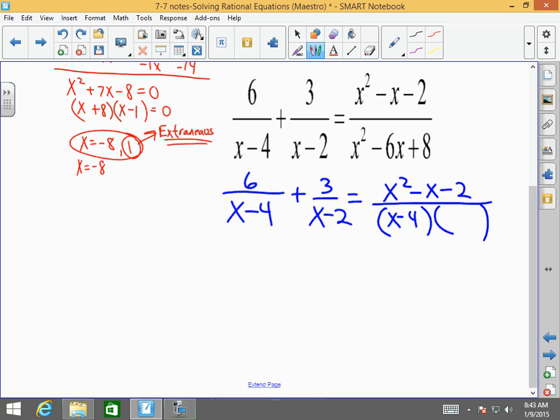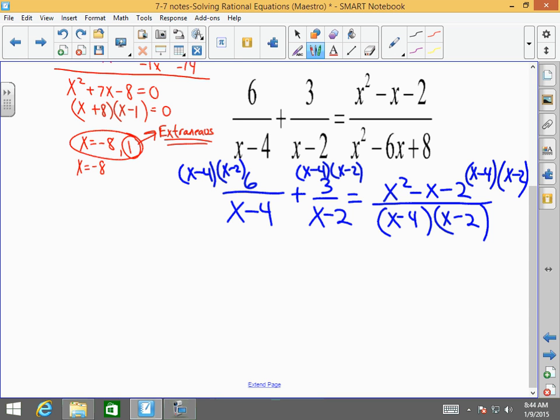x minus 4 and x minus 2. Okay, so my LCD here in this case is x minus 4, x minus 2. So I'm going to multiply every single numerator by x minus 4 times x minus 2. And you see what I mean here? Had I eliminated the x minus 2, I'd still have to multiply the x minus 2 back to this.